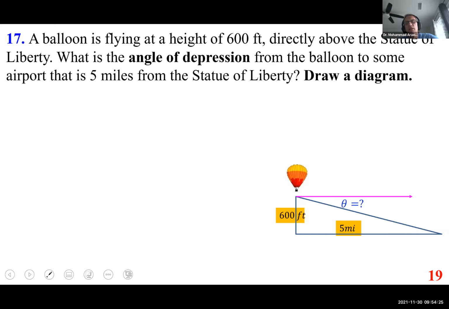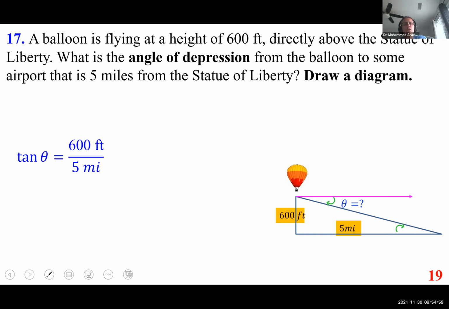So take a look at what angle we need. Now, this angle is the same as this angle. And therefore, we calculate this one easily using tangent, because tangent of this angle is the opposite, which is 600 feet, over the adjacent, which is 5 miles.